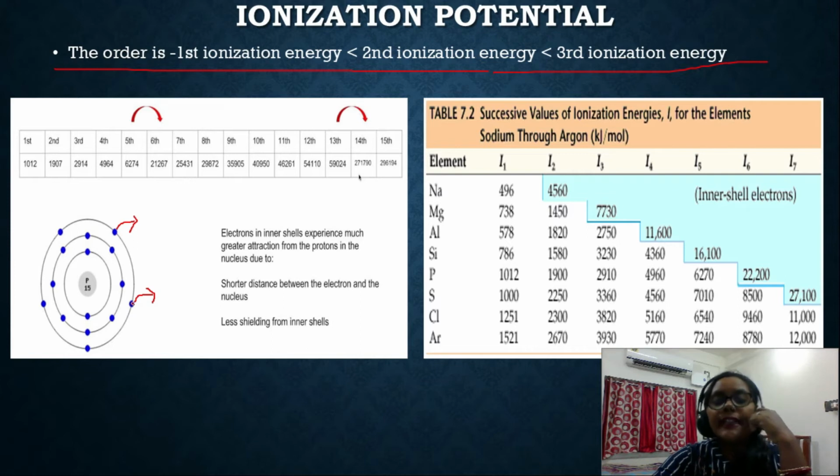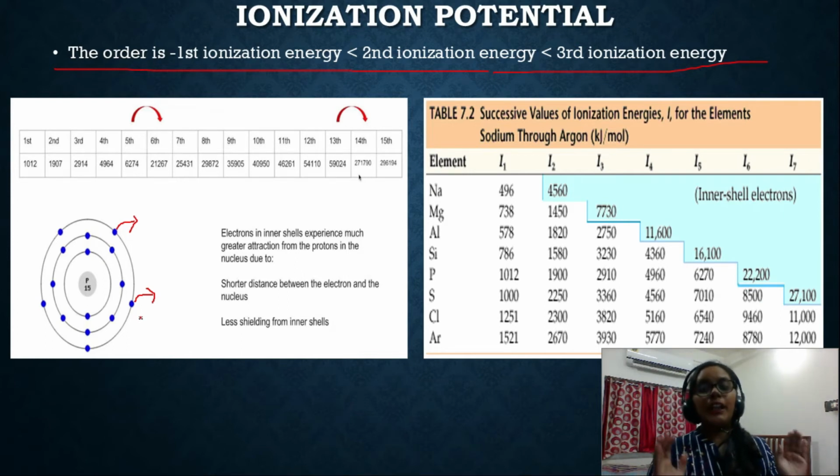The 14 electrons, if one electron is removed, then the number of electrons will be less. Previously 15 electrons were bound by the nucleus. Now after removal of one electron, 14 electrons are bound by the nucleus. So these 14 electrons will experience more attraction force than the previous case, right?